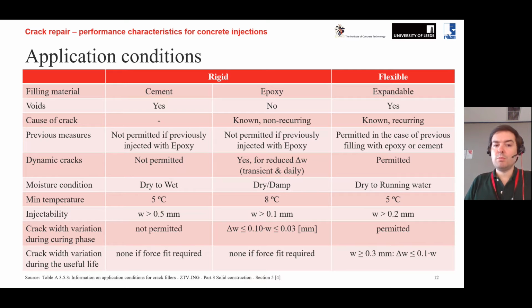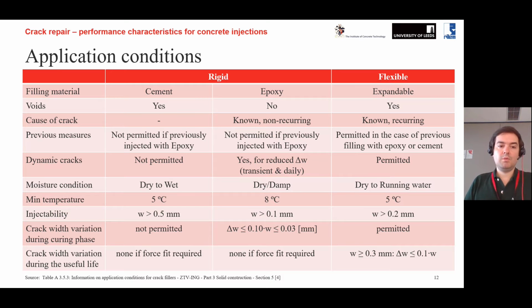Minimum temperature is also quite important. If you are planning your injection campaign, it's quite interesting to target the coldest temperatures, just because the cracks will be the highest. But on the other side, you also need to understand that the workability time is different. So be mindful of this.